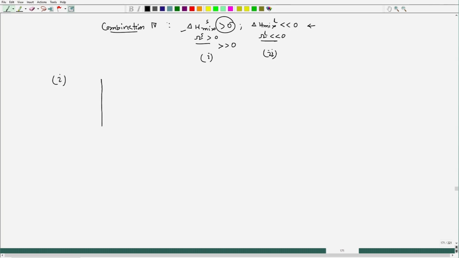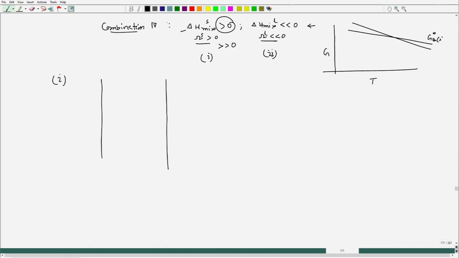If we recall, remember we have to take the reference, now G versus T for the pure metal A and pure metal B. Pure metal B has higher melting point. So, this is G B naught for solid and this is G B naught for liquid.